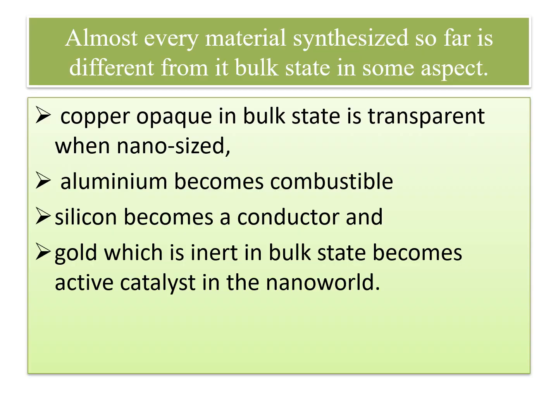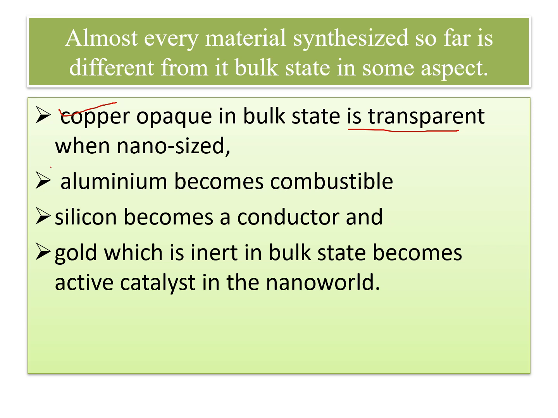Here in day-to-day life, we again come across different examples. Say for example, if we talk about copper. Copper is opaque in a bulk state, and when we move towards the nanometer range, when we reduce its size to the nano size, then it is transparent.